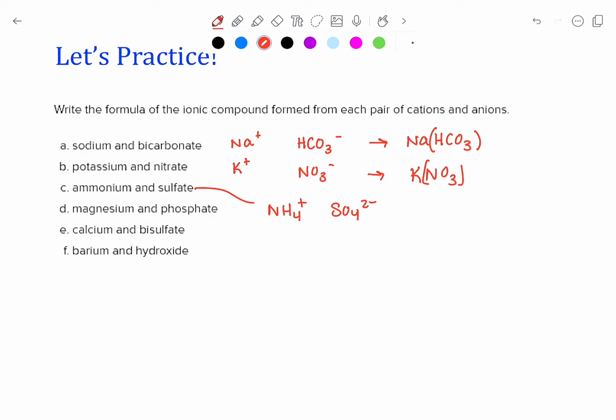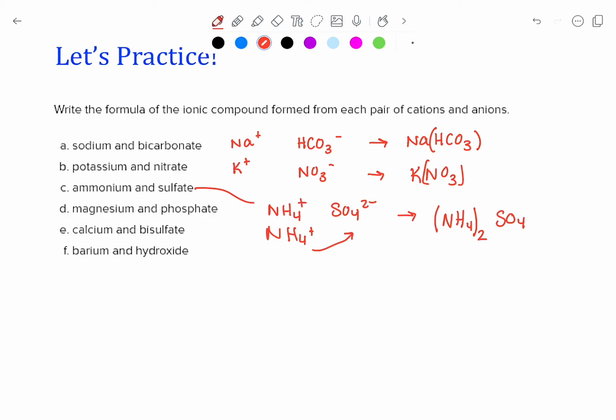So in order to balance out these charges, I need 2 of these NH4s to balance out my charge of the SO4. So I'm going to put my NH4 in parentheses with a 2 outside of it because I need 2 of them. And then I'm going to put my sulfate, SO4, outside of that. We don't show any charges because it is now neutral.